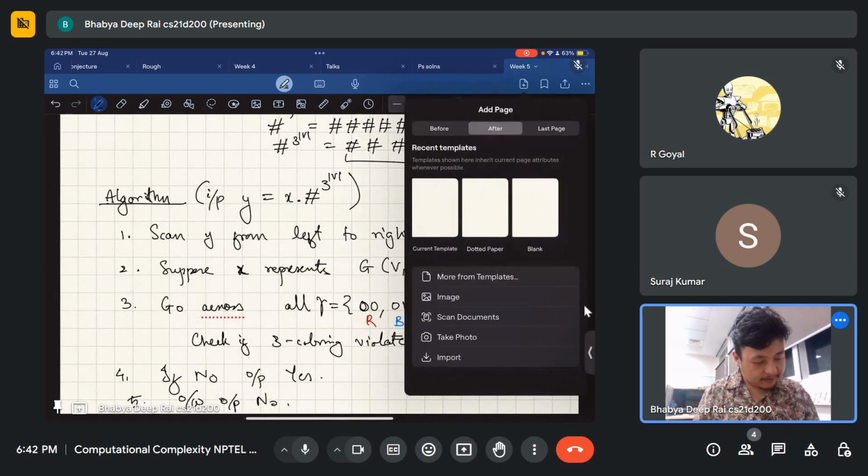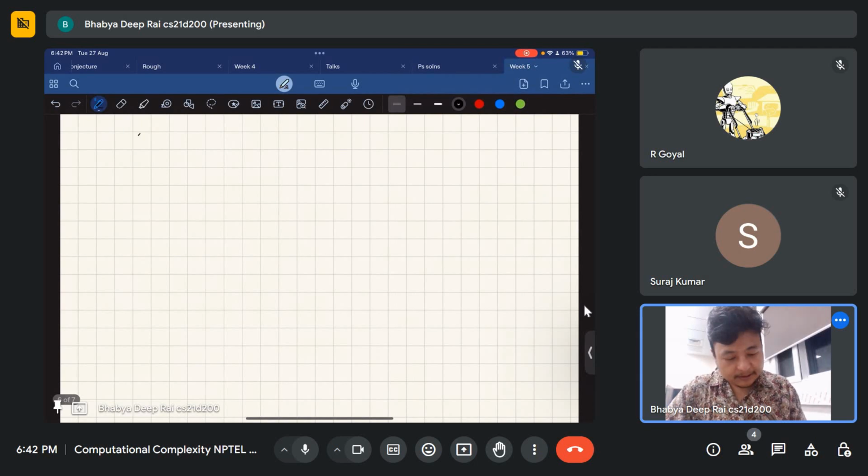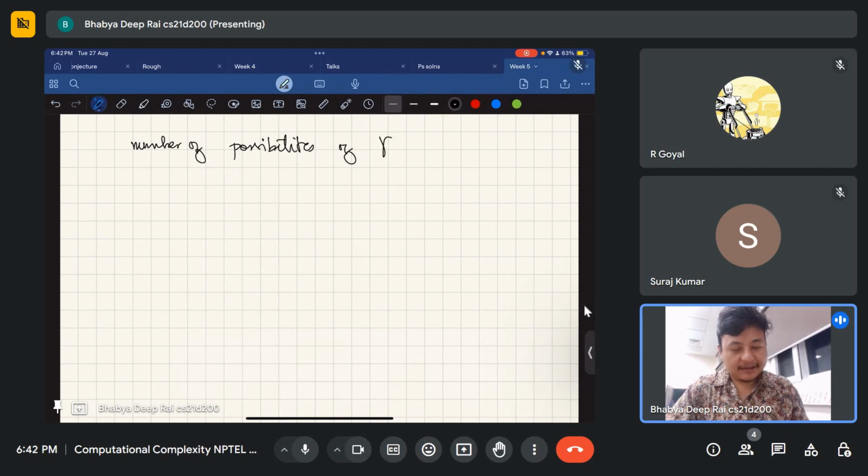The number of possibilities of gamma, which is the assignment: there are 3 types of symbols, and there are 3 choices for each vertex, so it will take 3 to the size of v.